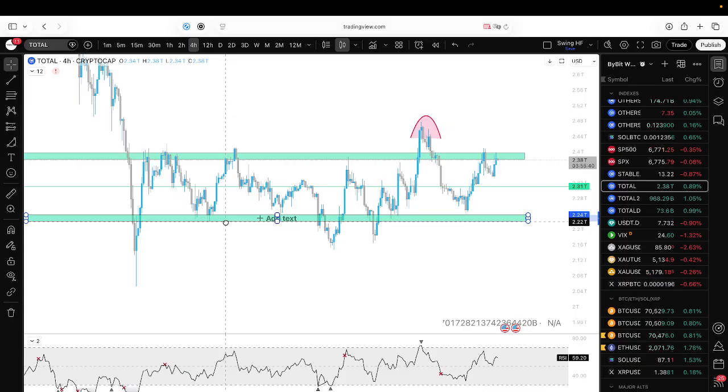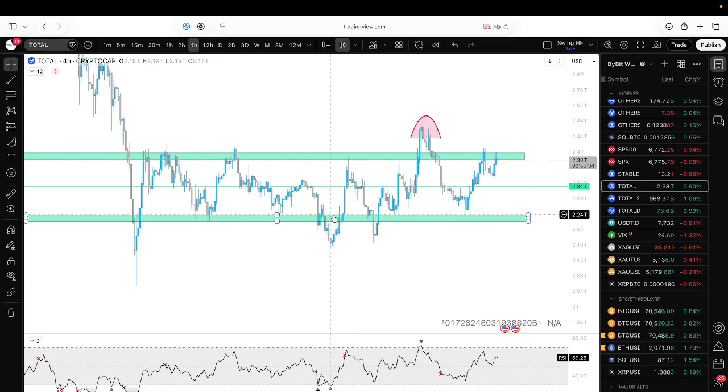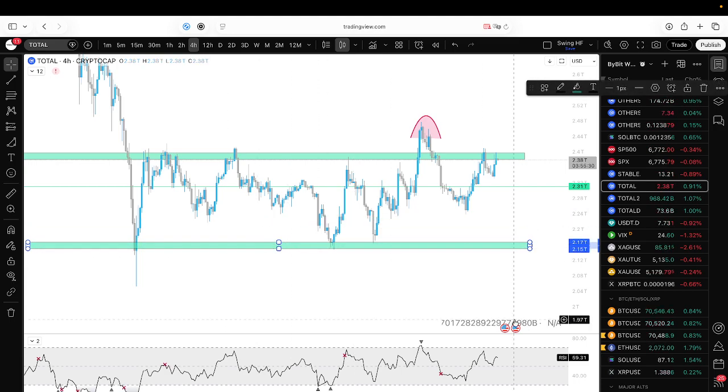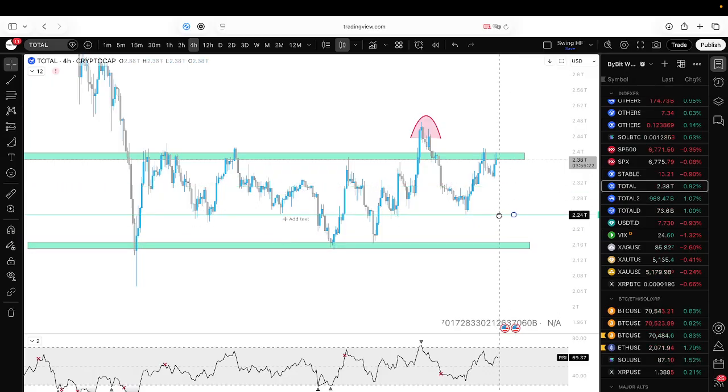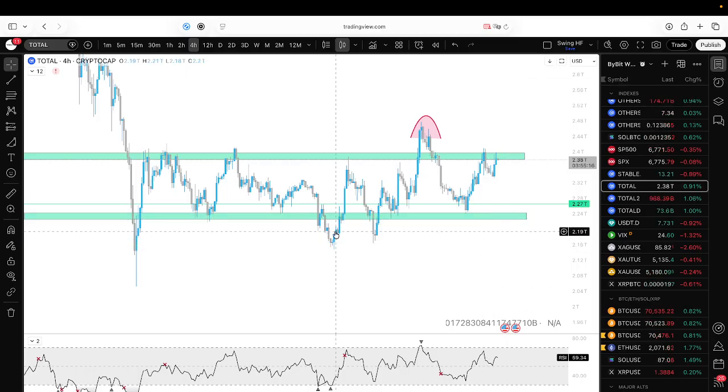Depends if you want to consider this box as a support and these two like a deviation, or you can choose something like this. Okay, so this is the major box and this is the middle level, more or less here. Okay, I prefer to use this as a support and these two as deviations.